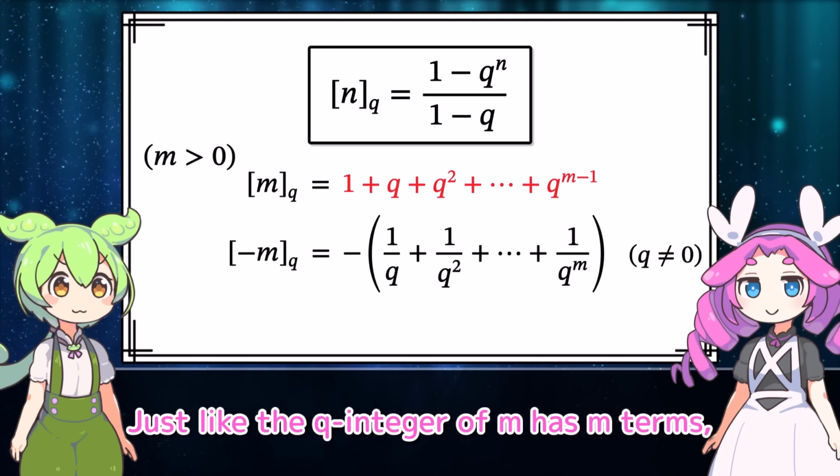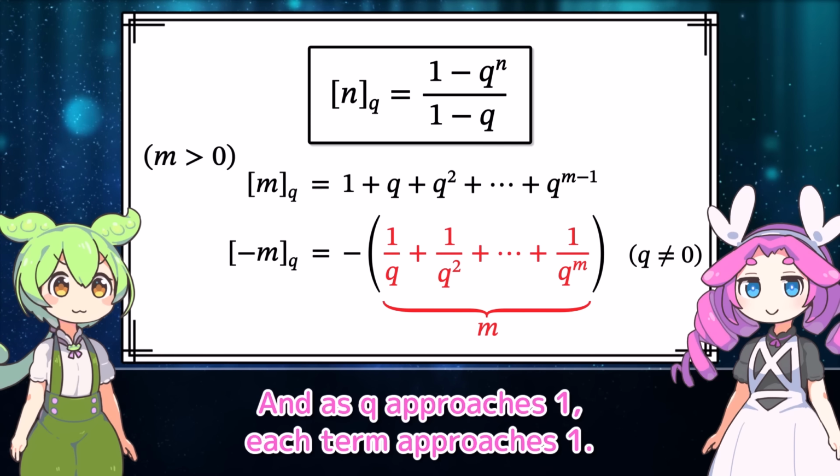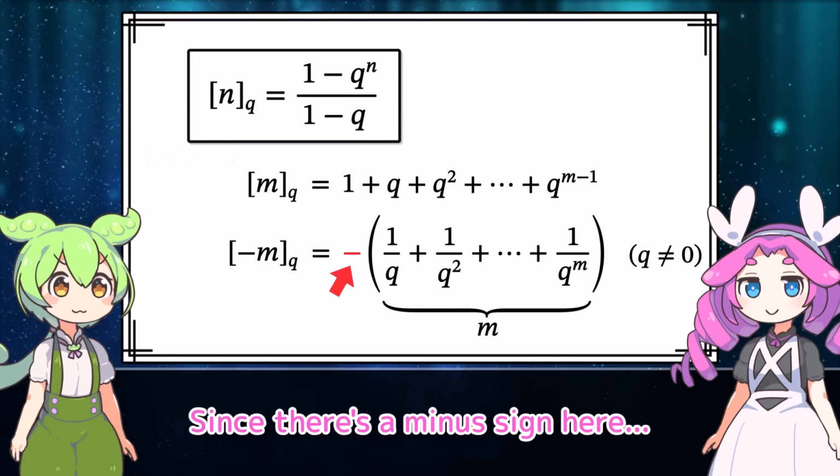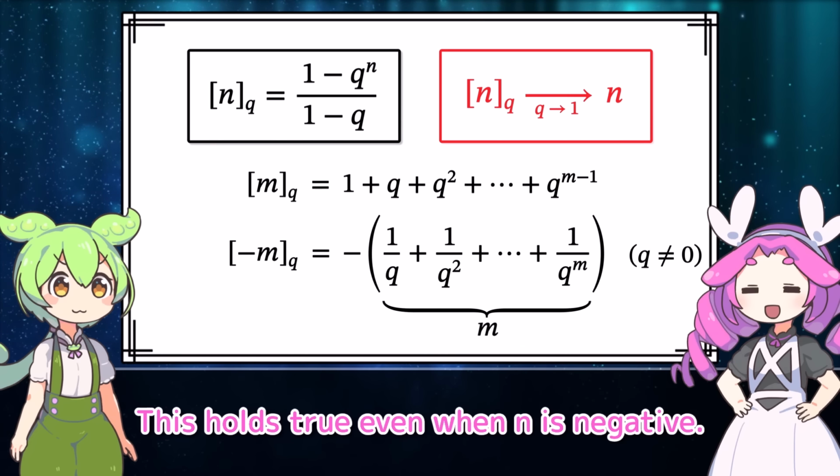Got it. Just like the q integer of m has m terms, the q integer of minus m also has m terms. And as q approaches 1, each term approaches 1. Since there's a minus sign here, as q approaches 1, the q integer of n approaches n. This holds true even when n is negative.